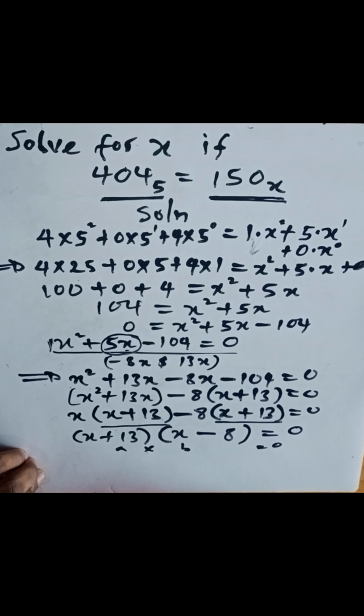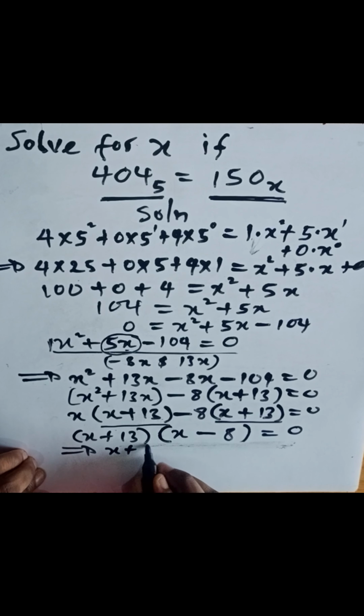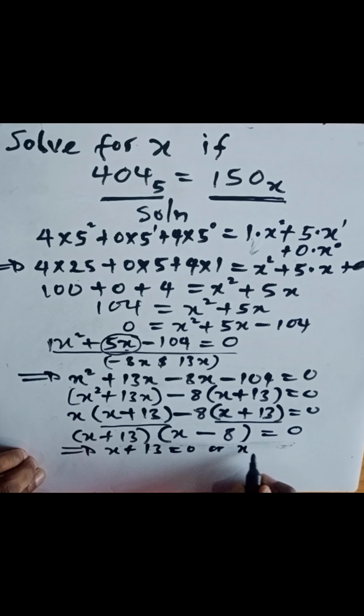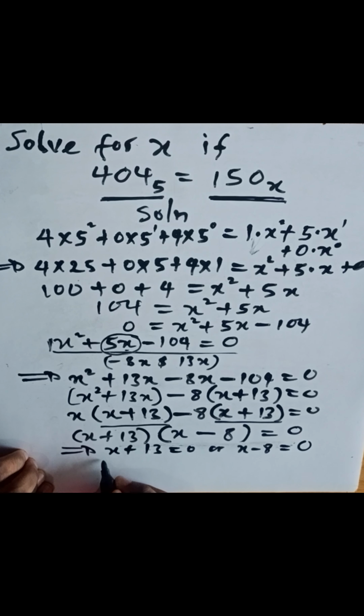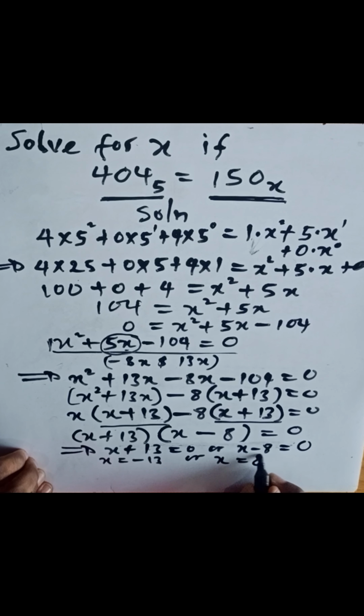Which one is which? We don't know. Therefore, we will say that x plus 13 equals 0, or x minus 8 equals 0. Now our answer will be x equals minus 13, or x equals 8.